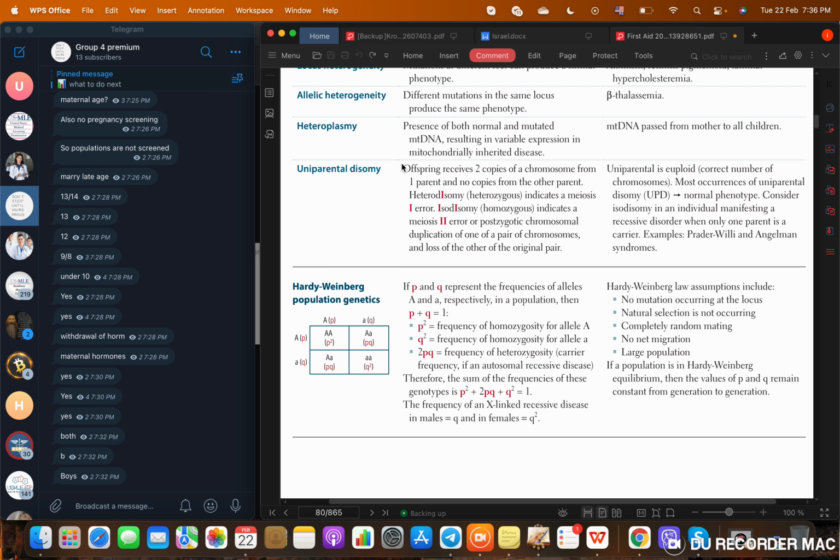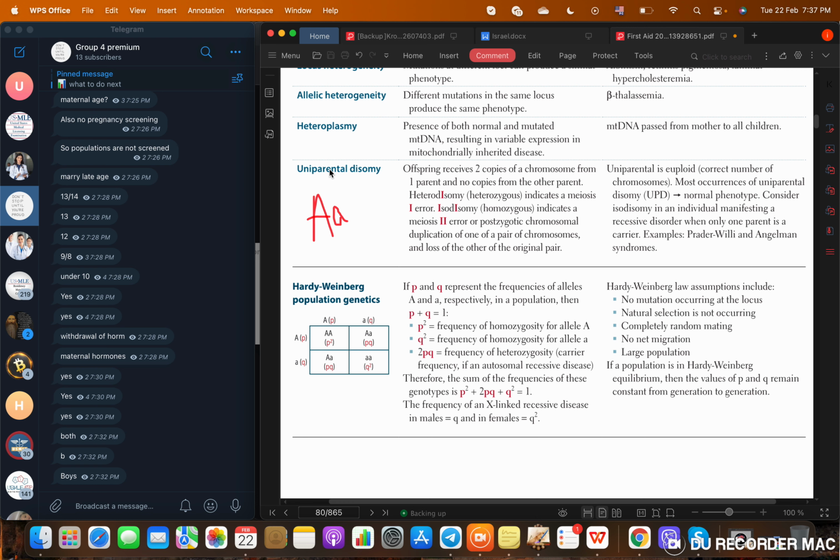There is a few diseases, however. Consider isodisomy, which is the homozygote one, in an individual manifesting recessive disease when only one parent is a carrier. You are like, what? Wait, what? So let's say that the patient has an AA, which is the carrier type of a chromosome. It's an autosomal recessive disease, so he should be a carrier, he should not have the disease.